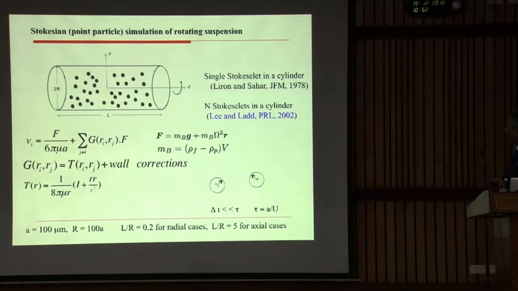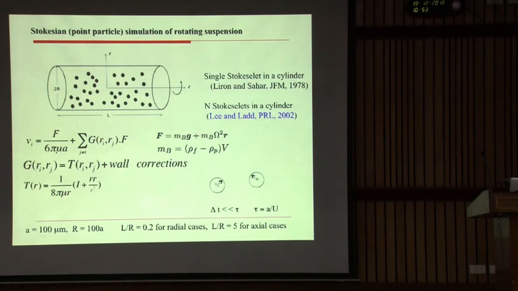Instead of studying the sedimenting system, which is what they studied, we tried to understand what happens if I have a floating system. Though these are point particles, we give them some finite radius, finite size. Why? Because you need to decide the time scale. If you can solve the velocity field and integrate with time, you can find out how the microstructure evolves.